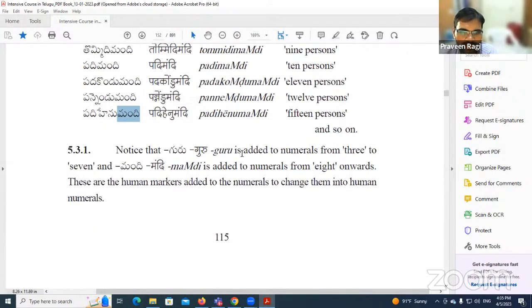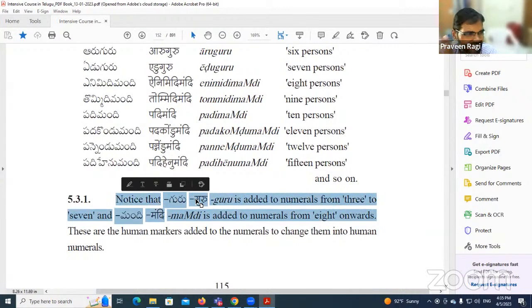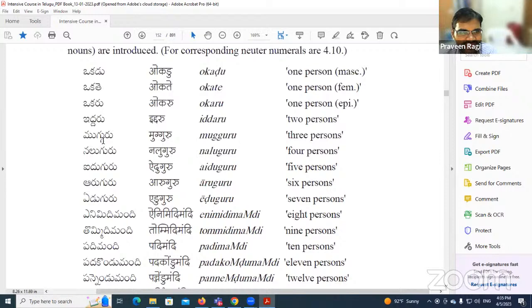Notice that Guru is added to numerals from 3 to 7. So Mandi is added to numerals from 8 onwards. This is a very simple grammar note, very easy to understand. So you need to remember Guru from 3 to 7 is added to the number.